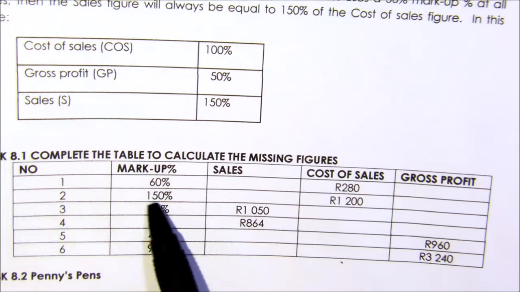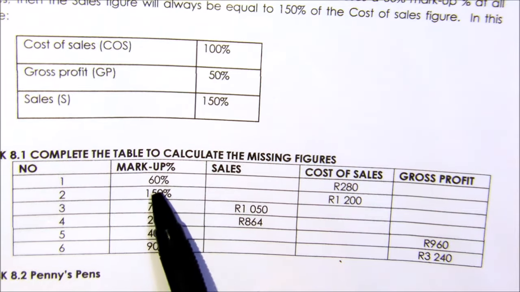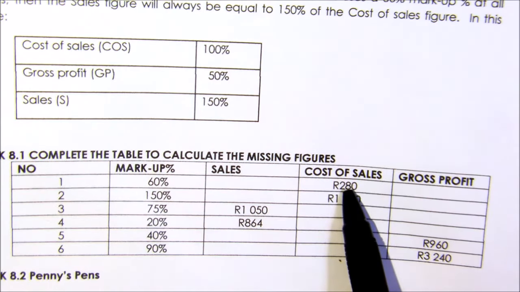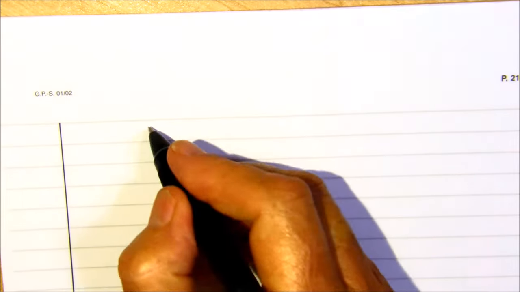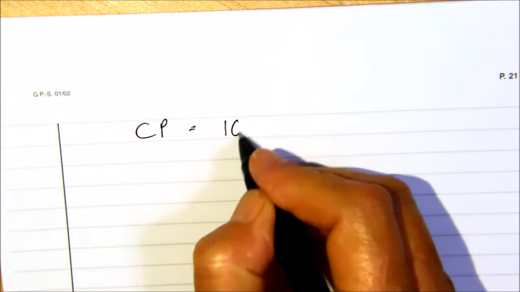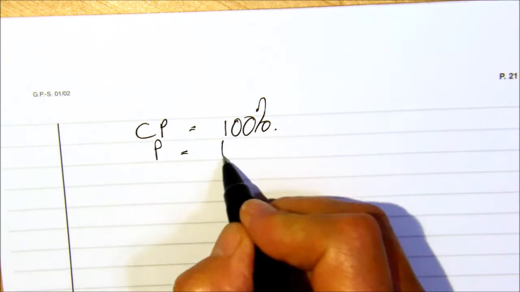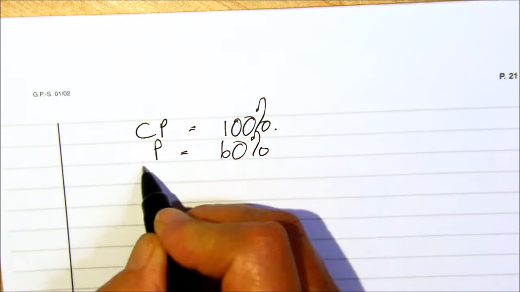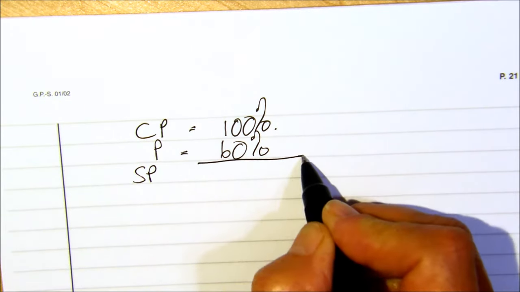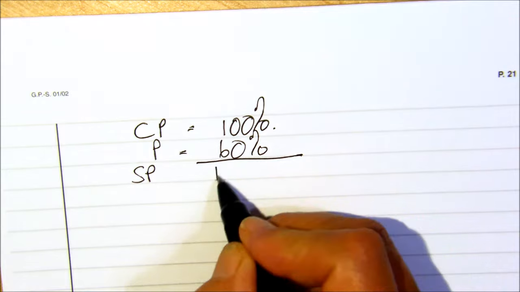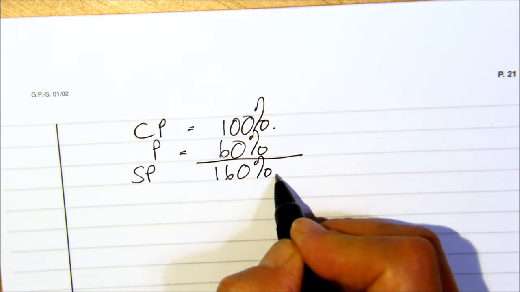So in the first one here, you are told that the markup is 60%, and you know the cost of sales is 280. So let's look here now. So we know that the cost price is always 100%. That's our starting point, always. The profit in this one is 60%. So our selling price, because we want to sell it for more, we're going to add up, is 160%.